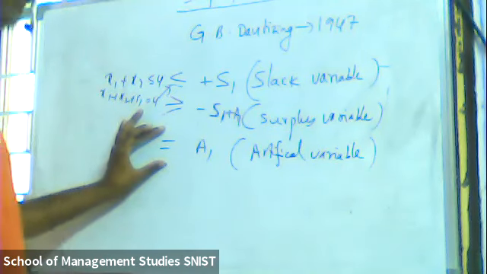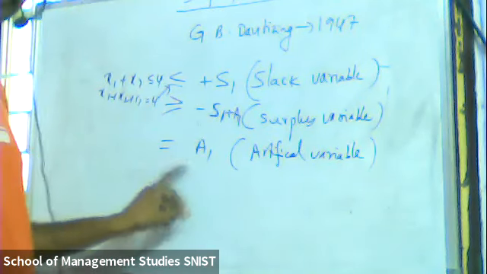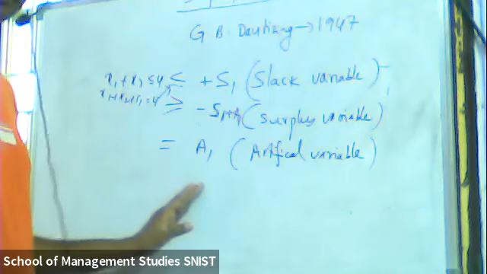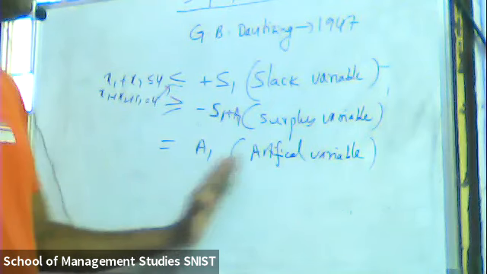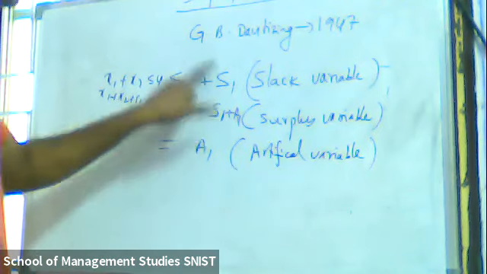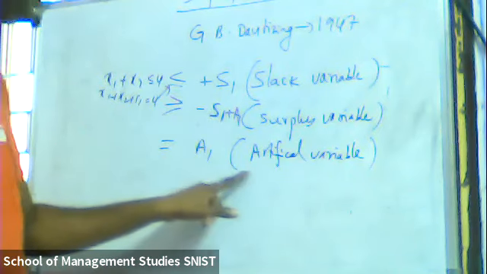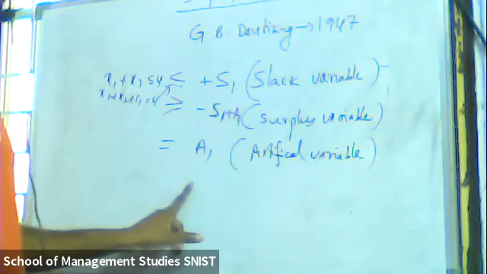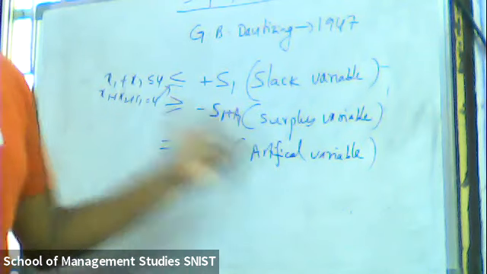Yes, sir. Now if the given constraint is equal to, then we add plus a1. What is a1? It is the artificial variable. An artificial variable is a temporary slack variable which will be used for the calculation purpose and later it will be removed.